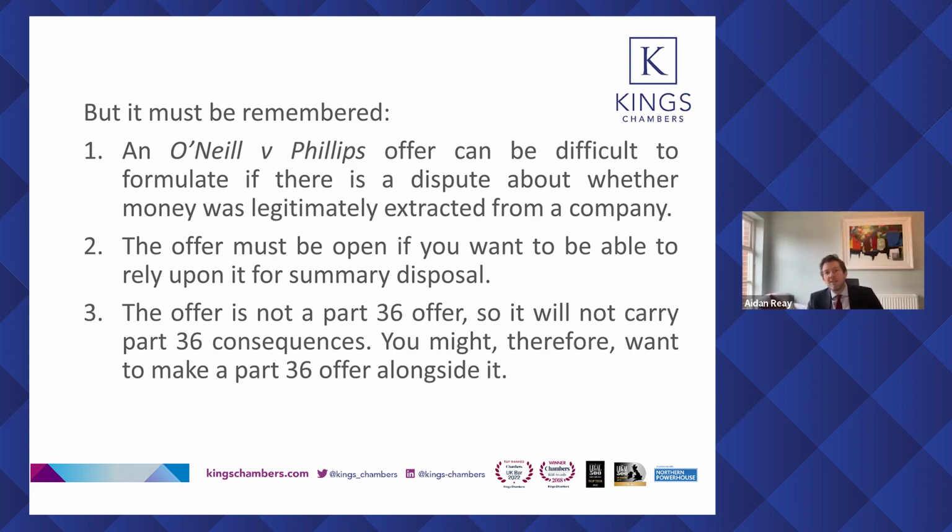So simply put, if somebody's saying, well, you've taken money out, or you've redirected money to a company of your own, for example, breach of various fiduciary duties, and that needs to be pulled back into the company, notionally at least, for the purposes of valuation. How do you formulate an offer that is acceptable for the purposes of O'Neill and Phillips, unless you concede that point?